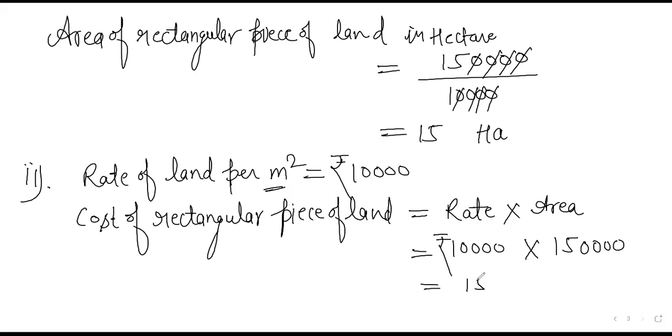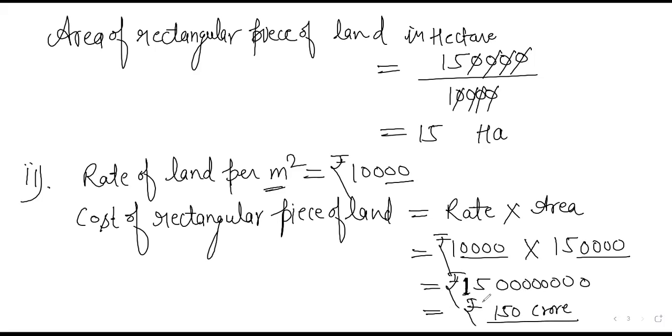So now we will do it here: 15 and 8 zeros are there, right? This is the cost of the land at this rate, or you can simply say that it is rupees 150 crore if you want to write it.